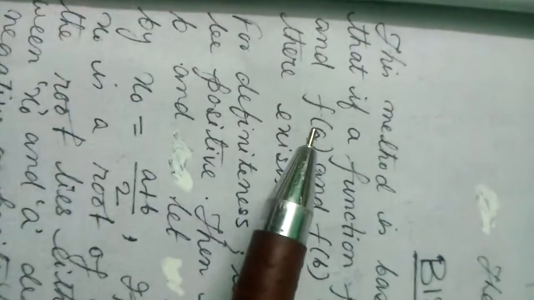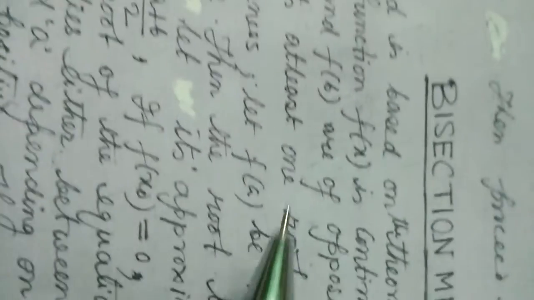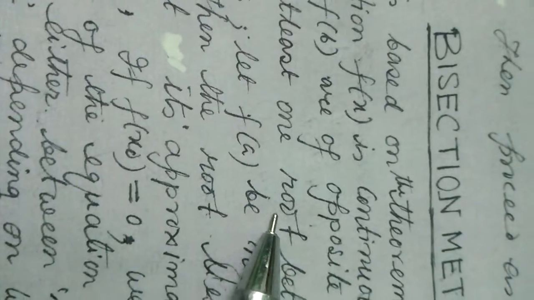if a function f(x) is continuous between 2 points A and B, and f(a) and f(b) are of opposite signs, one is positive and another is negative, that is opposite sign, then there exists at least one root.